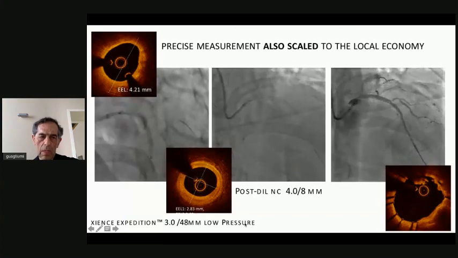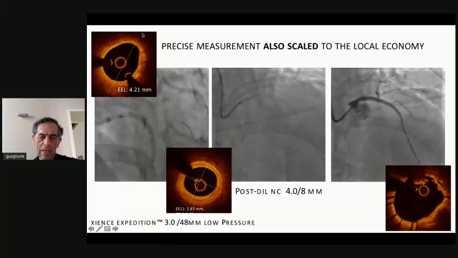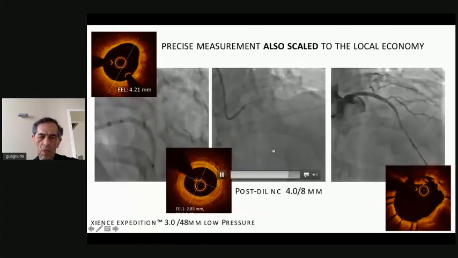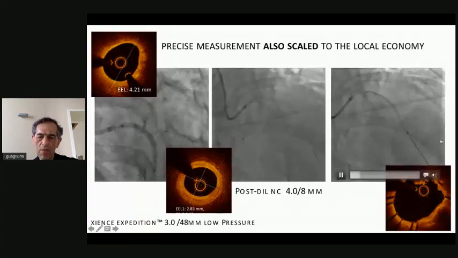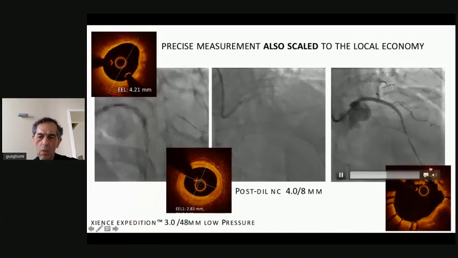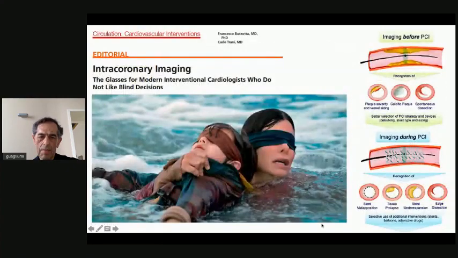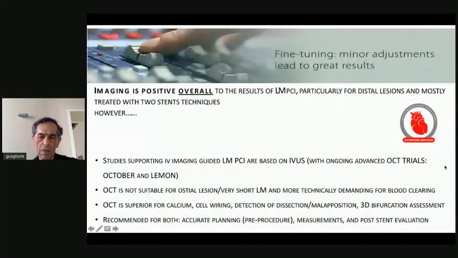So based upon a compromise of length, we selected 3.0 by 48 and we finished the procedure this way with a single stent. So my last message is I don't like to stay blind in decisions when I'm dealing with the left main. But in this case, imaging must be used before and after.